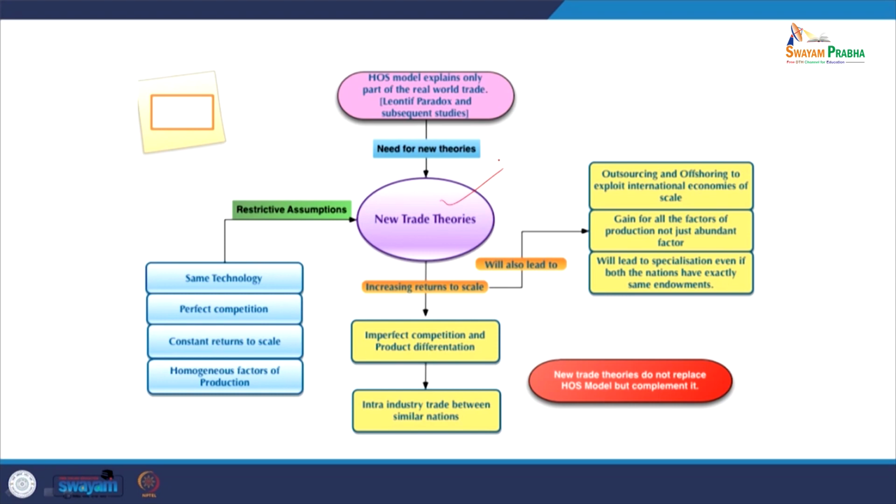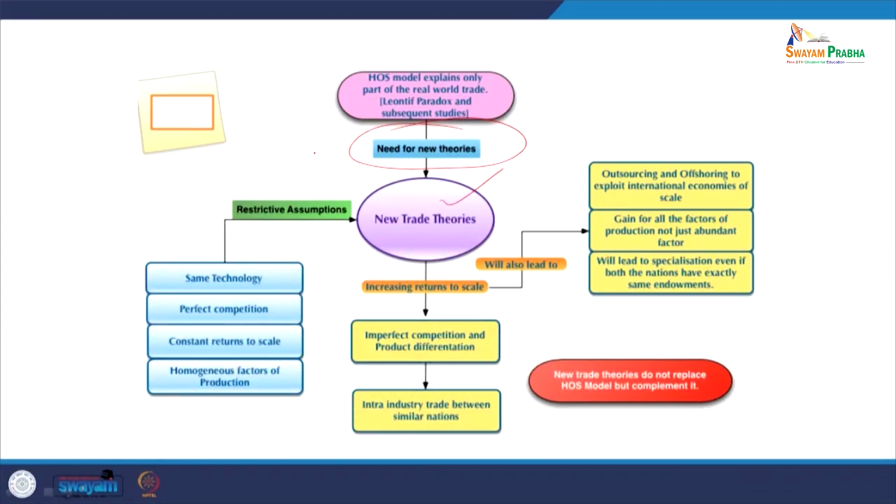Our next class will guide you very systematically on why we need a new trade theory, because HO theory did not consider the production function to be exhibiting increasing returns to scale. Production functions were assumed to follow constant returns to scale.